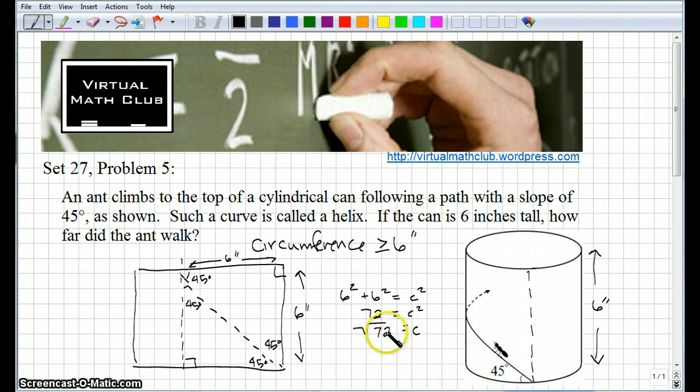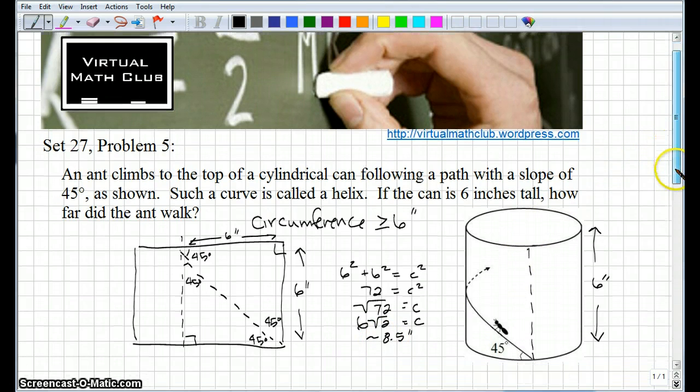You can see that this is 36 times 2, so we can pull the 6 out, because there's a 6 squared under the radical. So we get 6 times the square root of 2 is equal to c. And 6 times the square root of 2 is about 8.5 inches. So that is the answer.